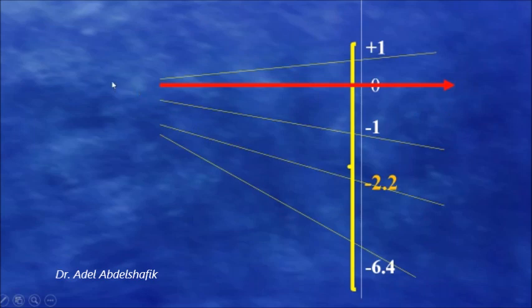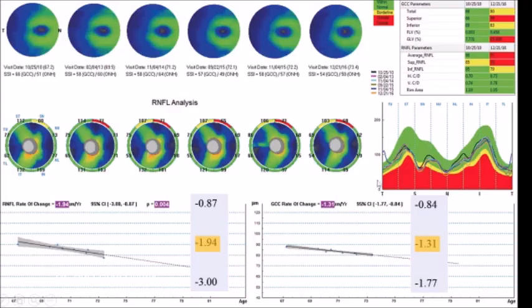So even if our value is minus 2.2, we are not sure that this is statistically significant. This can be by chance, and if we repeat the test, we might have this zero, no slope. Then once we get this zero in the interval, this is not a significant change.